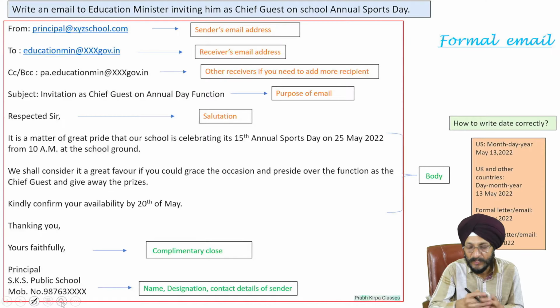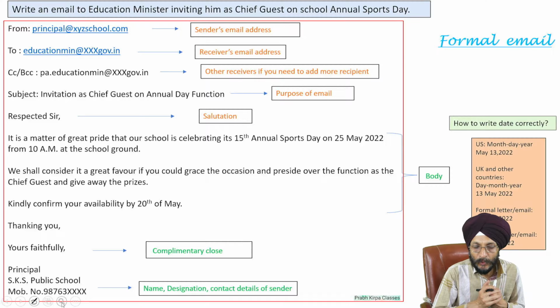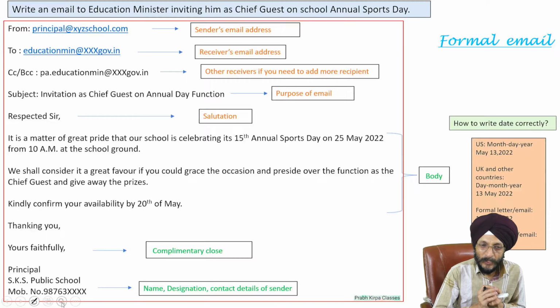Then we also understand the formal email with the help of another example. Here you are to write an email to an education minister inviting him as chief guest on the school annual sports day.